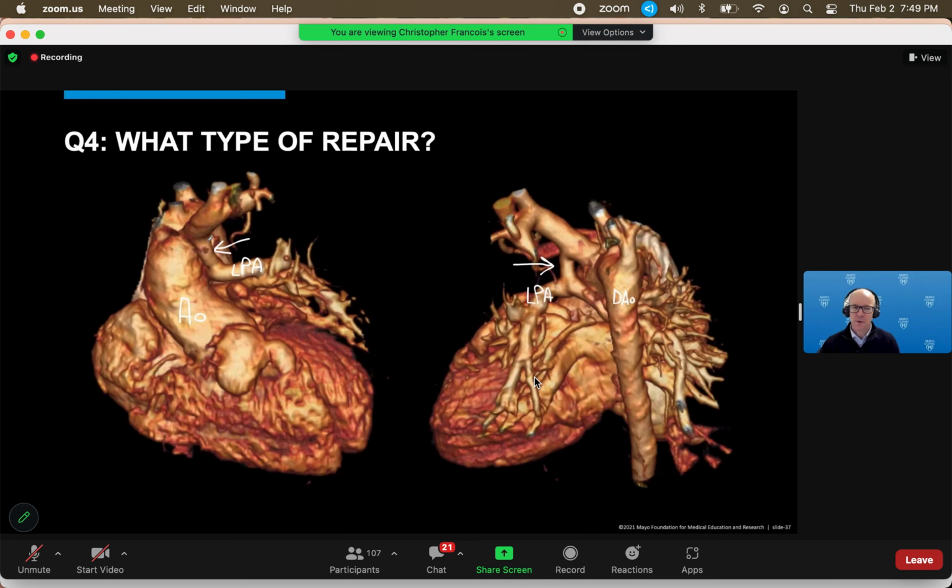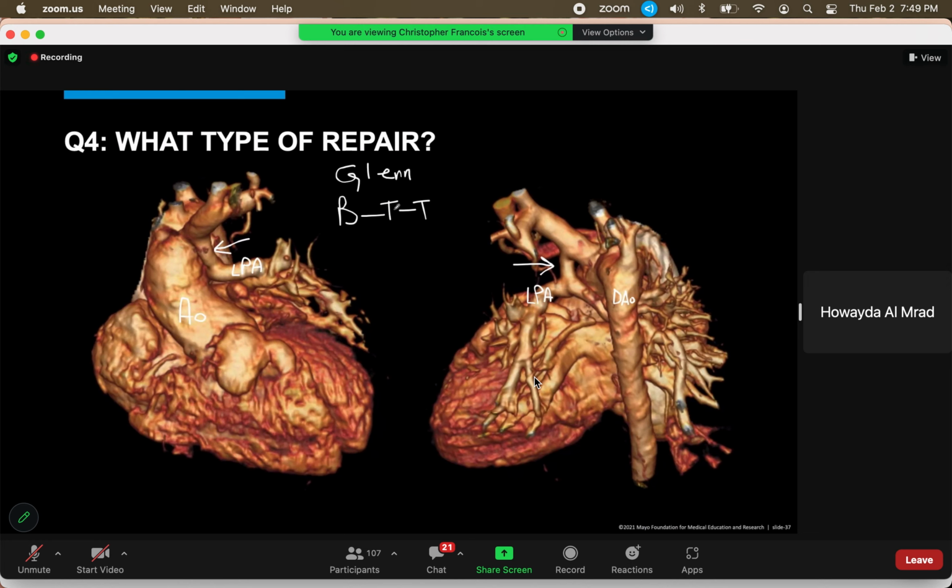And so I'll give you a couple options. One is a Glenn. One is a BTT shunt, Blaylock-Taussig Thomas.